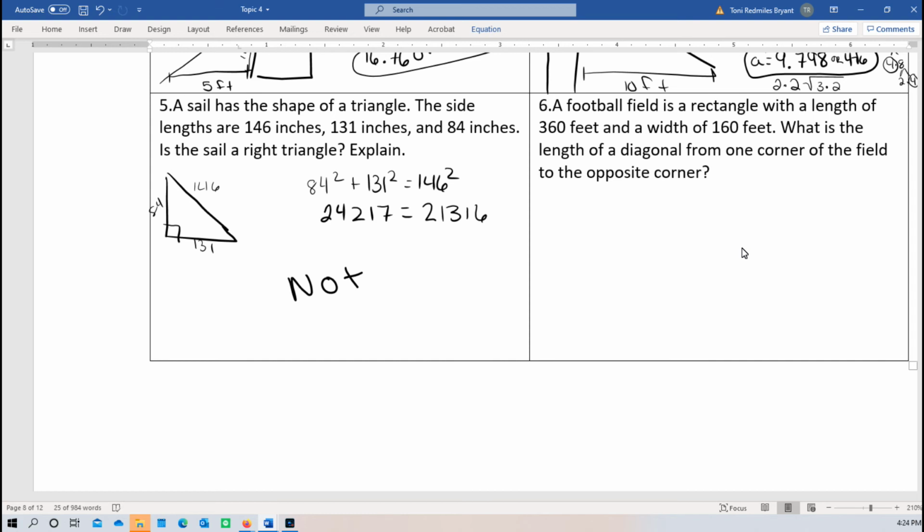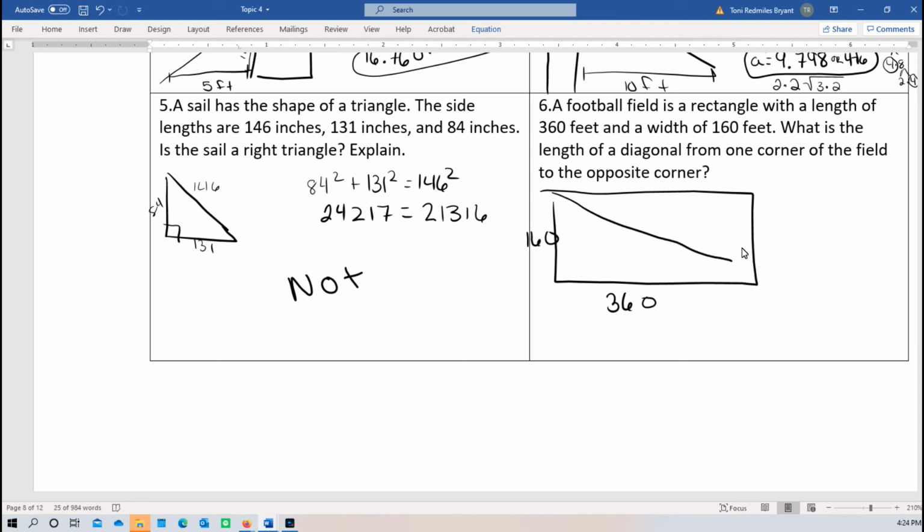A football field is a rectangle with a length of 360 and a width of 160. What is the length of the diagonal from corner to corner? So 160 squared plus 360 squared equals x squared.